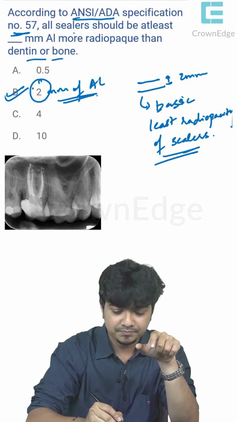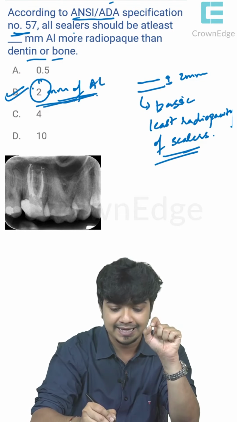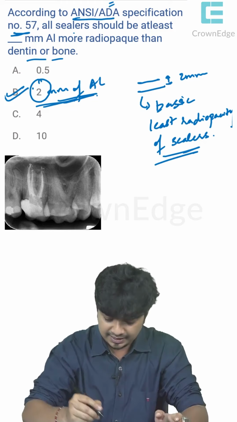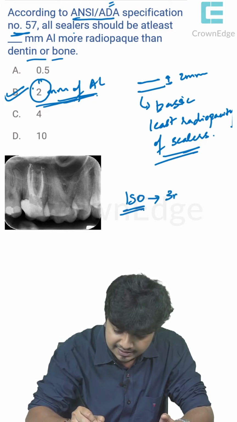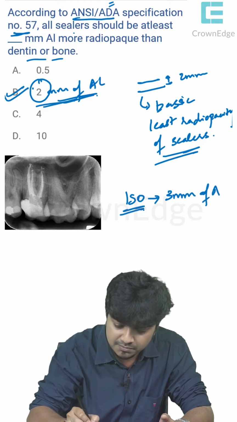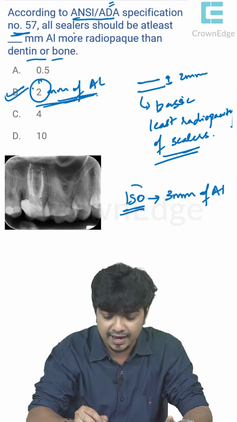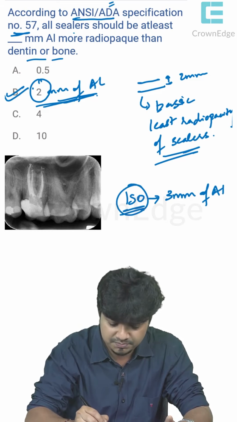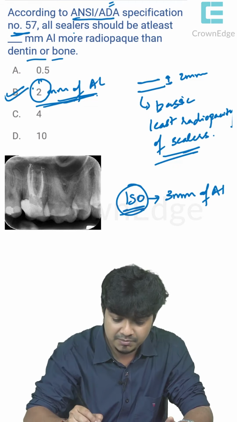So this 2 mm of aluminium is the specification given by ANSI or ADA. There's another specification by ISO, and this states that the sealers should be a minimum of 3 mm of aluminium and not 2. So if they ask the ISO specification, in that case the answer is 3 mm of aluminium.